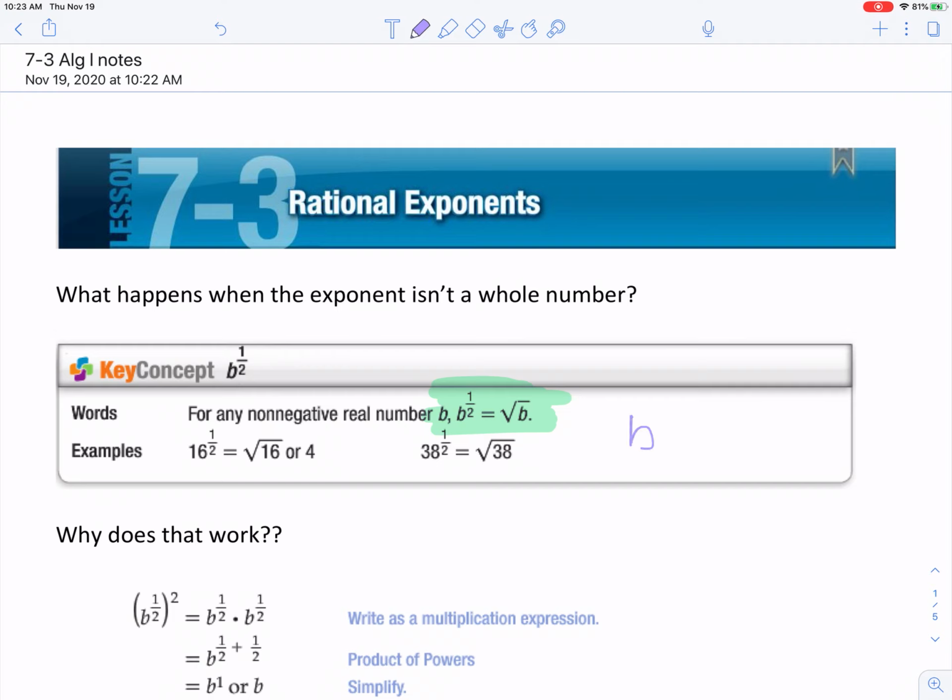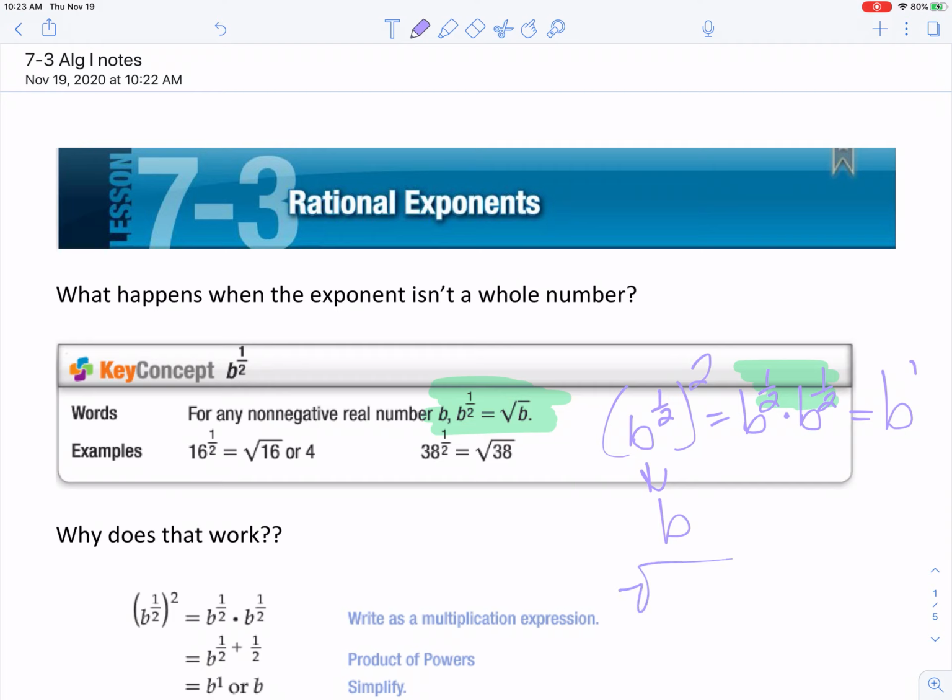Remember, if you have something squared, that's the same thing as saying that it's being multiplied by itself, right? And when we have exponents, what I need to do is add those exponents. So a half plus a half is b to the 1st power, which is just b. So what you're telling me is b to the 1/2 squared is just b.